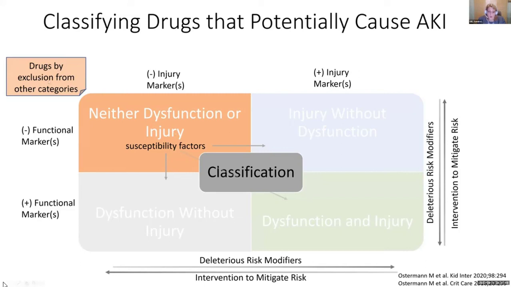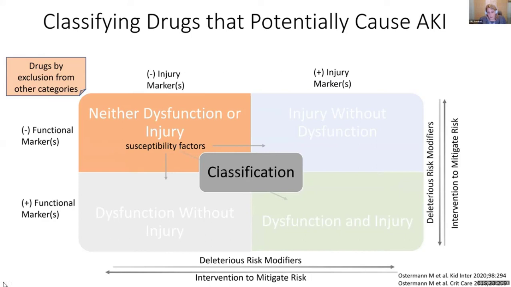I call these my drugs by exclusion because they don't fit into the other boxes. They're not causing dysfunction or causing injury. An example could be something like digoxin. Digoxin is cleared renally, but it's not nephrotoxic. So that might be an example of a drug that fits into this neither dysfunction nor injury category.